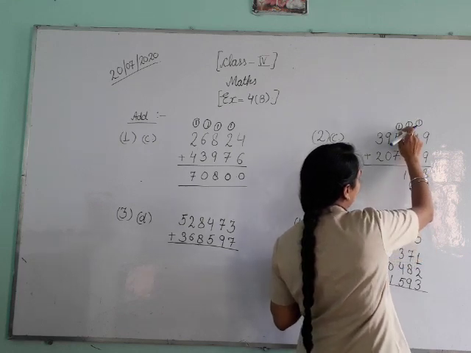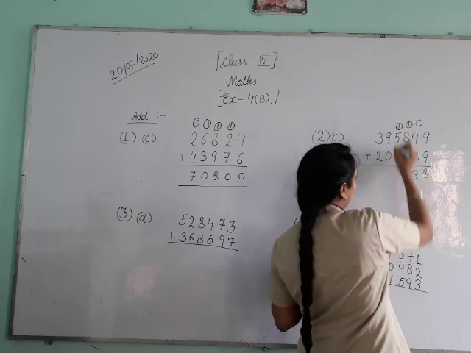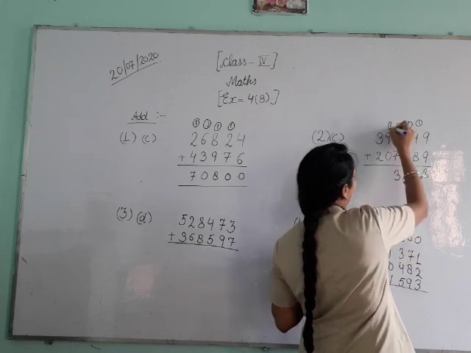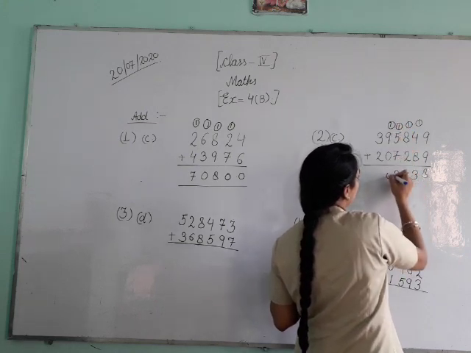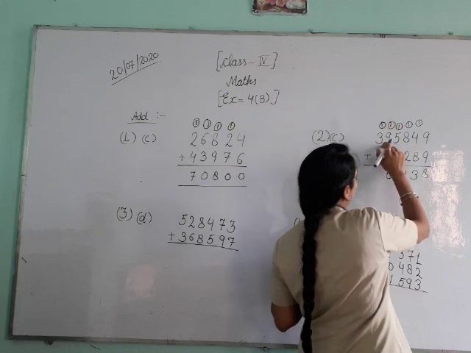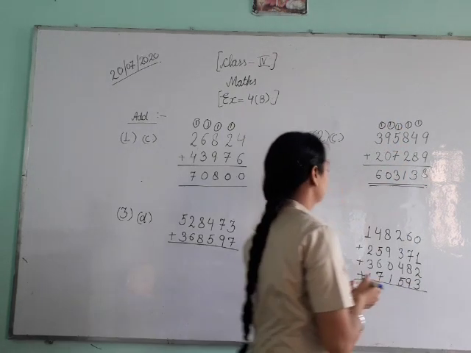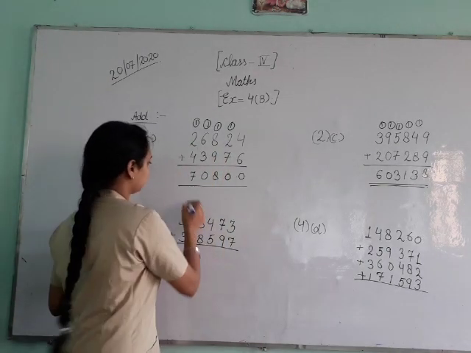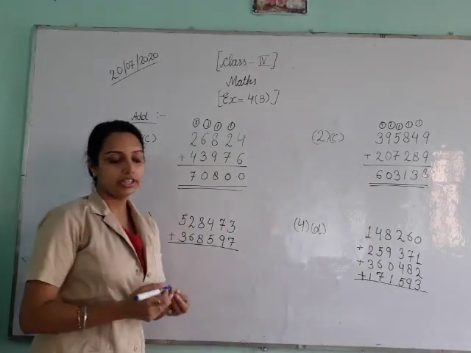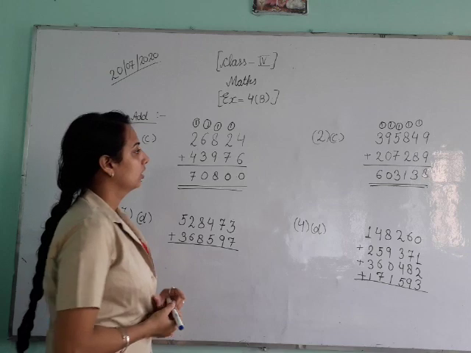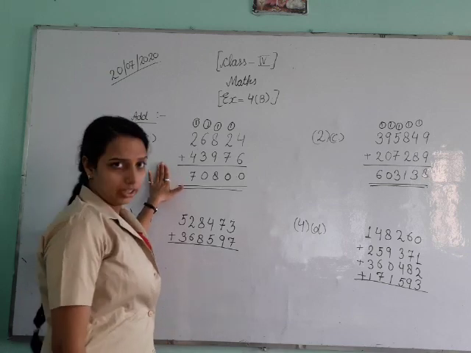Then 7 and 1 is 8. 8 and 5 is 13. 1, 9 plus 1 is 10, and then 3 and 3 is 6. This is your answer. Understood? Understood, dear students? Okay. I think you have done.